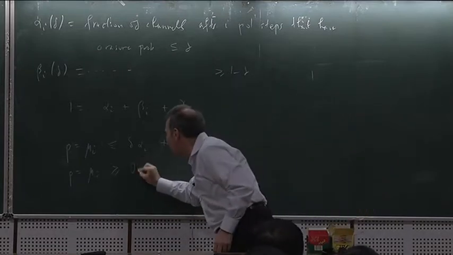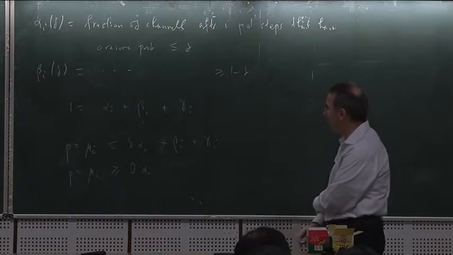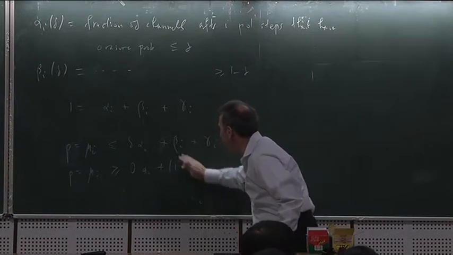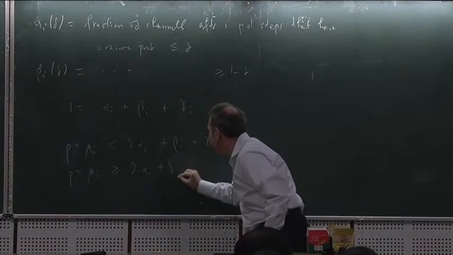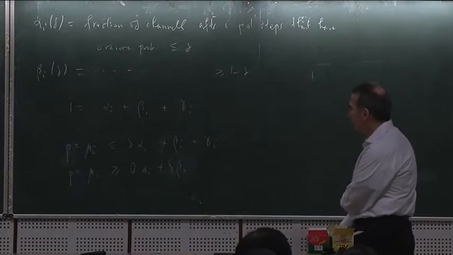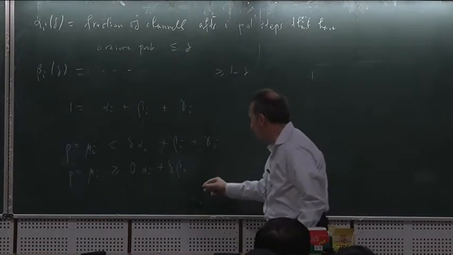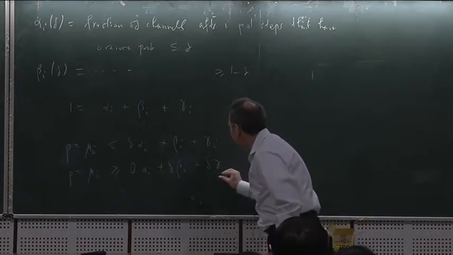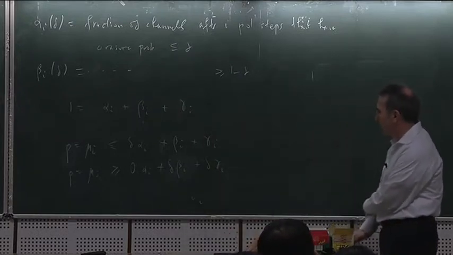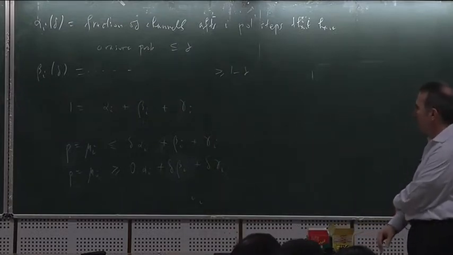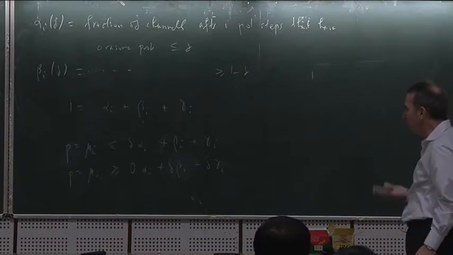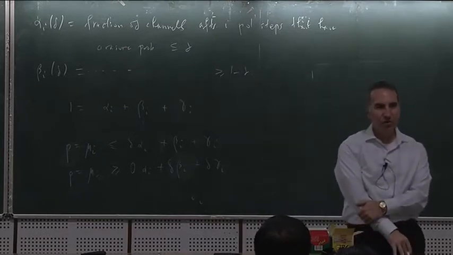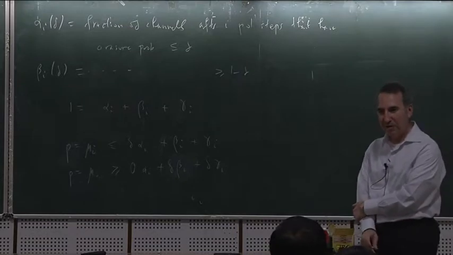So this is 0 times alpha I. These beta channels are contributing at least delta to P, and so are the ugly ones. And in the limit as I gets large, gamma I goes to 0. So alpha and beta sum to 1.